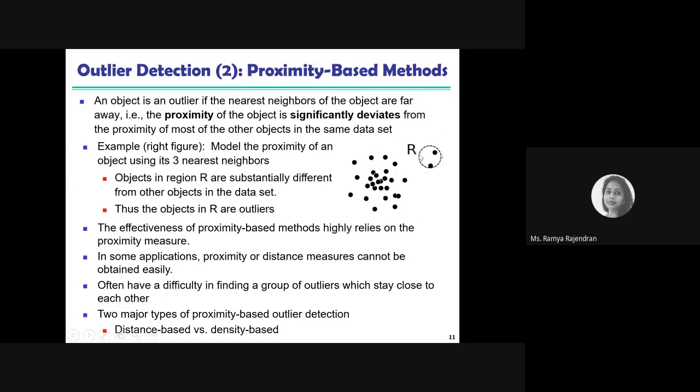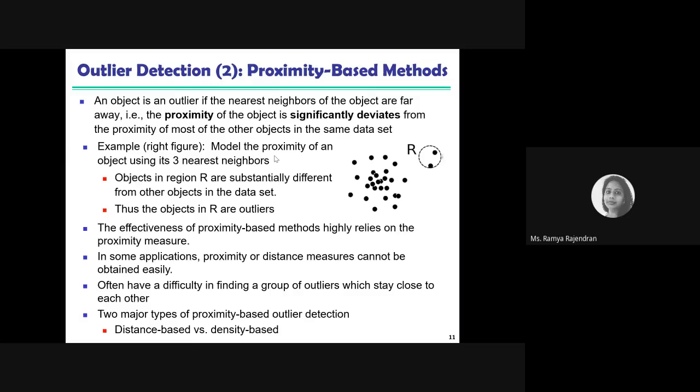In this example, when you find the nearest neighbor for these two objects, it is definitely going to be different from the rest. The distance is going to be really high, so you can classify them as outliers. This method is completely based on the effectiveness of the nearest neighbor proximity measure.